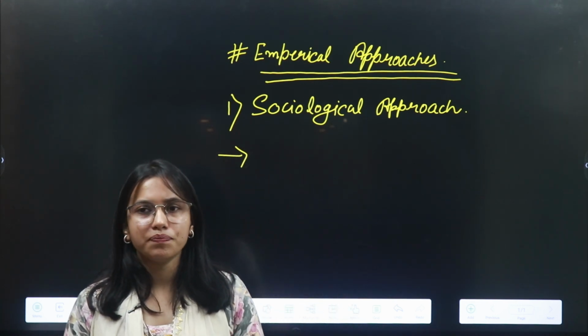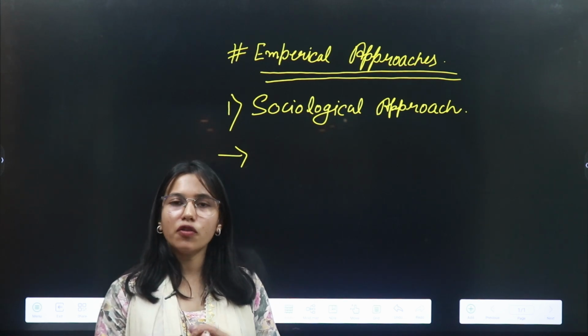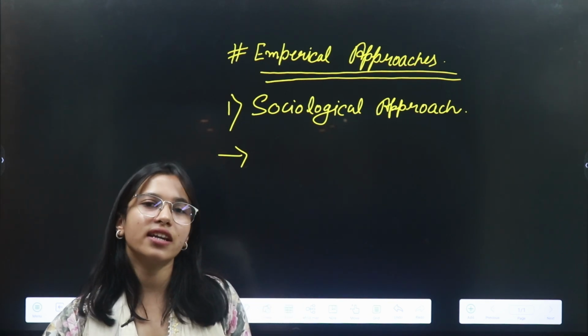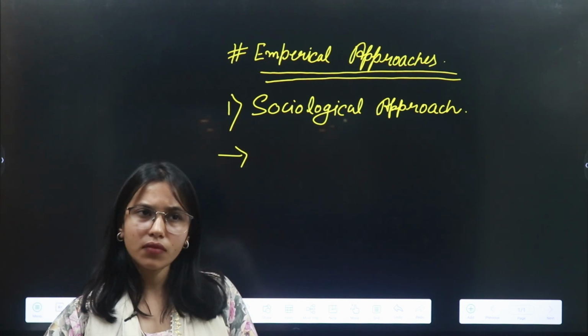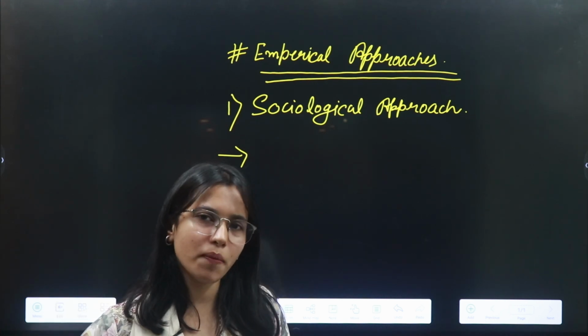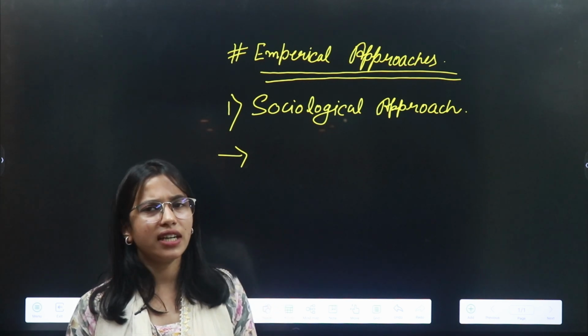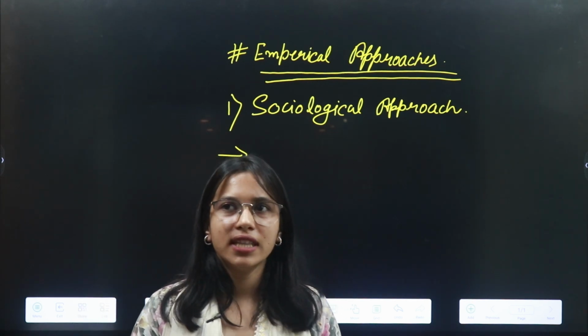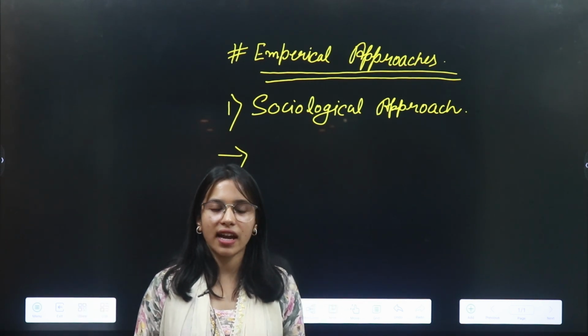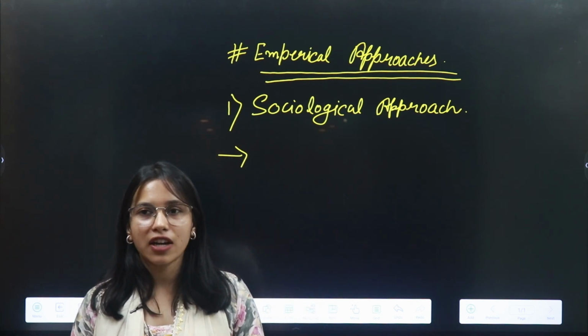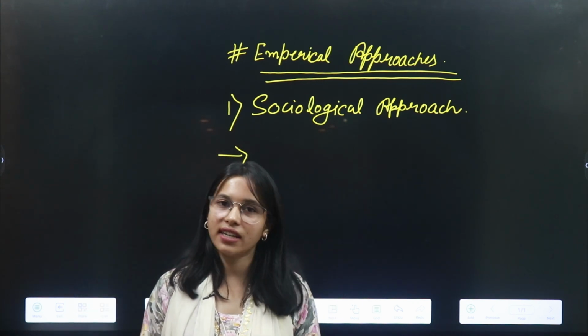For example, there are a number of dominating classes and castes that exist in our society, right? And when we say dominating, that means there is no equality. But if we study from the legal approach, our constitution says that the aim of our Indian parliament is to retain equality in our country.